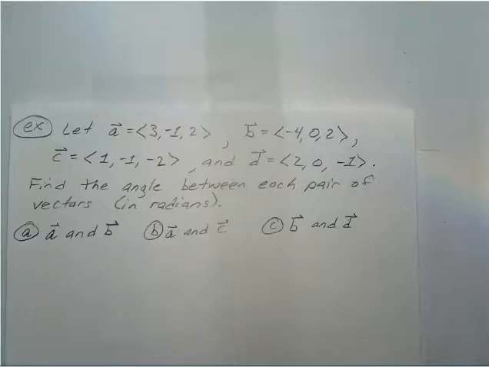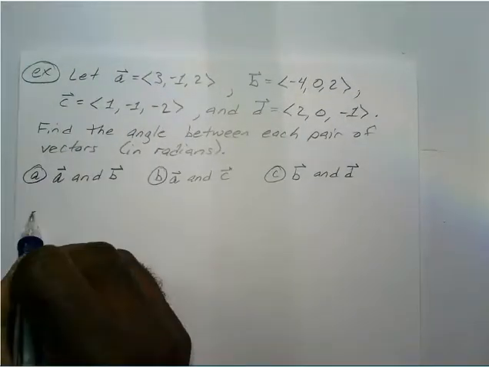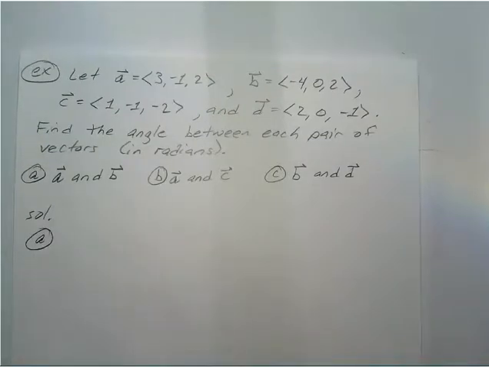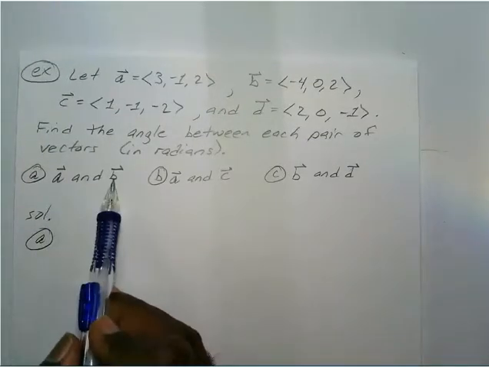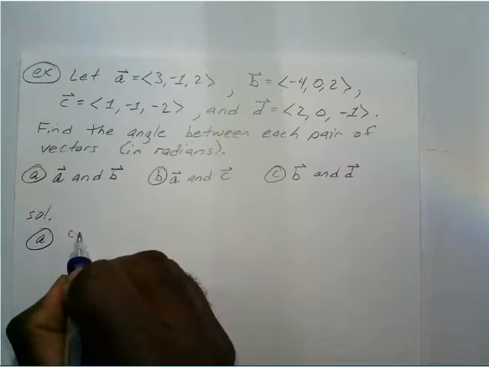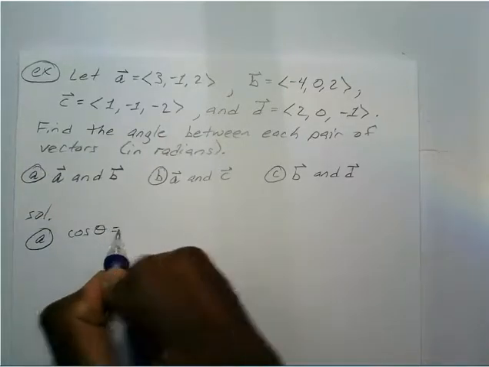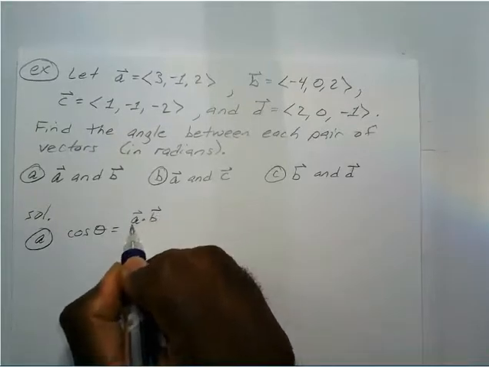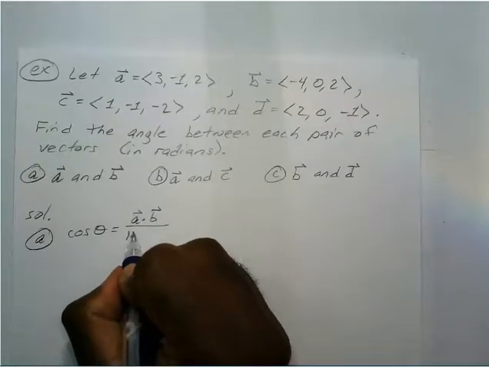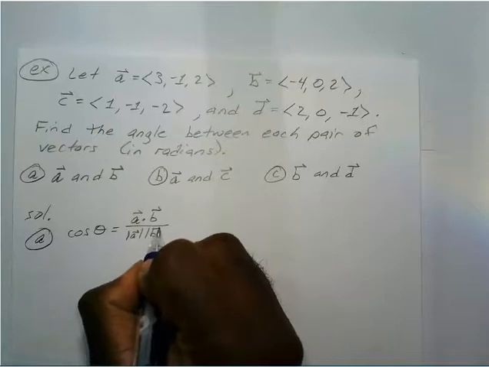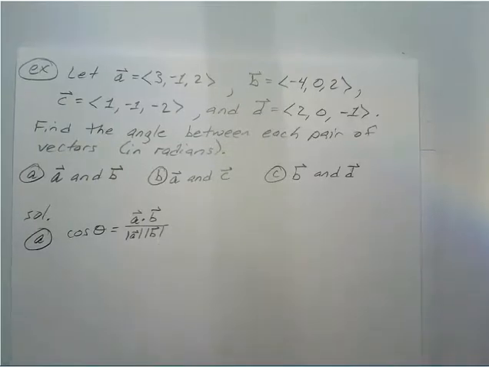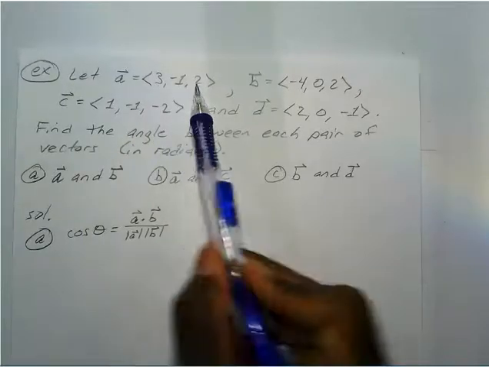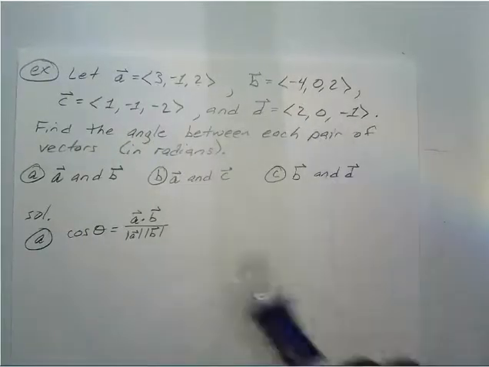All right, so starting off with problem A, which is vectors A and B, we know that cosine of theta equals the dot product of A and B divided by the magnitude of A times the magnitude of B. Remember this is A1, A2, A3, B1, B2, and B3.